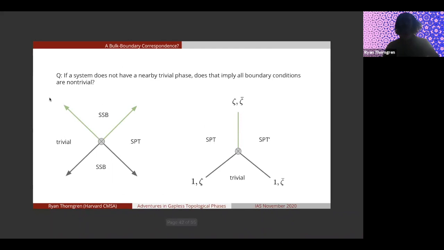Anyway, the question of a bulk-boundary correspondence is very interesting. You'd like to have some mathematical way of thinking about the charges of all these string operators and saying that if they have such and such values, then we have to have edge modes. But maybe the best we're going to be able to do is say that if there's no trivial phase nearby, then we have to have edge modes.